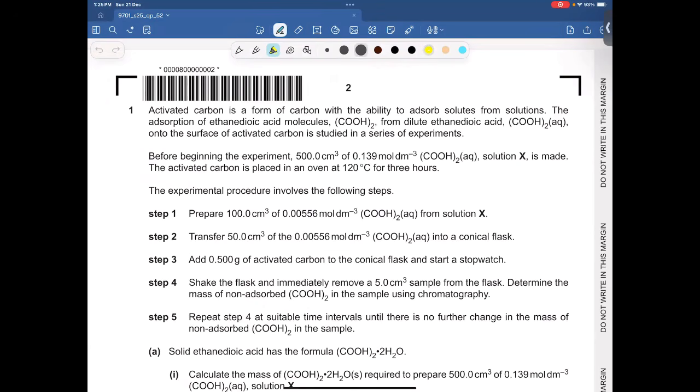That's a general sort of question, I believe. Let's start with this. Activated carbon is a form of carbon. Well, activated carbon has some properties. The first one is that it is highly porous and has a large surface area.